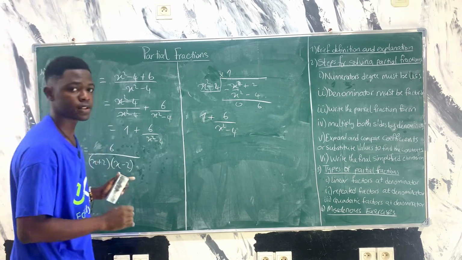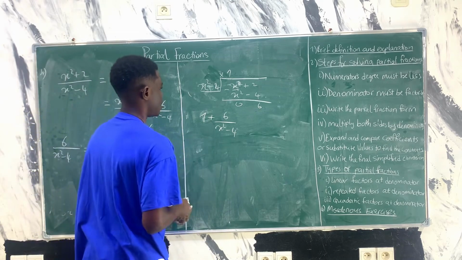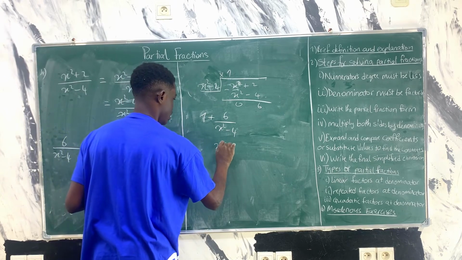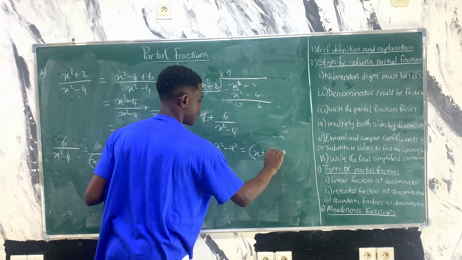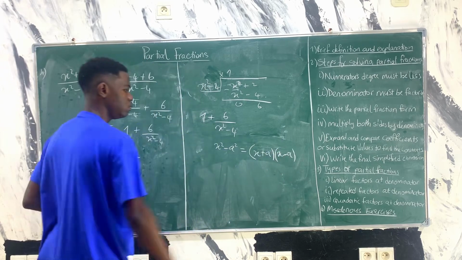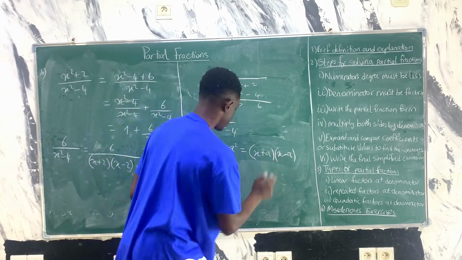I explained this before. I'll explain that x squared minus a squared is the same like x plus a, x minus a.